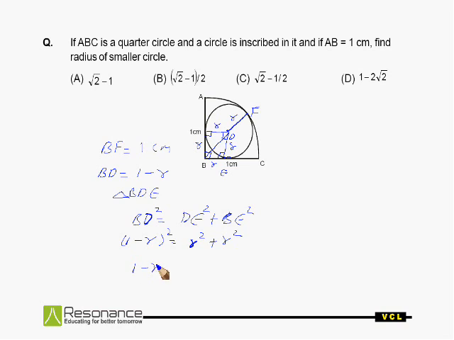So (1 minus r) the whole square is equal to r square plus r square, that is twice r square. Now it can be written as (root 2 r) the whole square. By cancelling the squares, we get 1 minus r is equal to root 2 r.